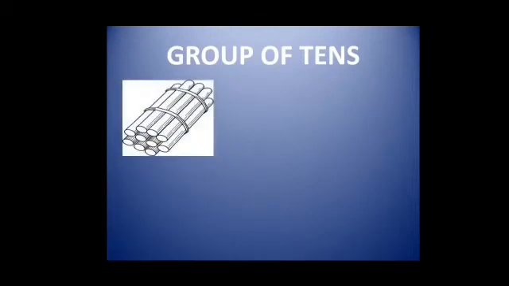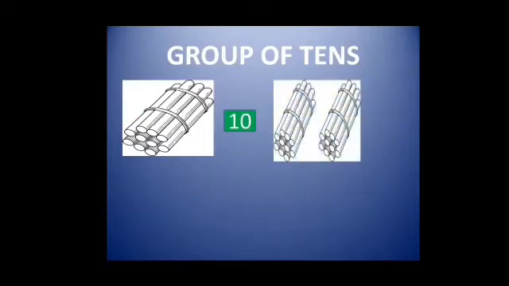Here we have a bundle of sticks. We have 10 sticks in each bundle, which means 1 ten. Similarly, when we have two groups of tens or two bundles of sticks, it makes 20.